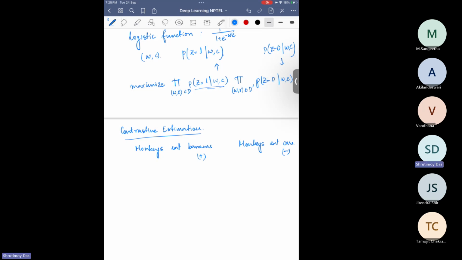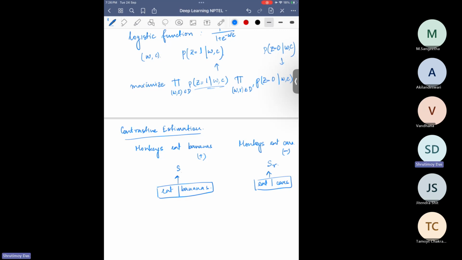Given the context eat, I want to predict banana. We want these two words, which occur together, to have a high score, and for eat and cars, we want the score to be small.